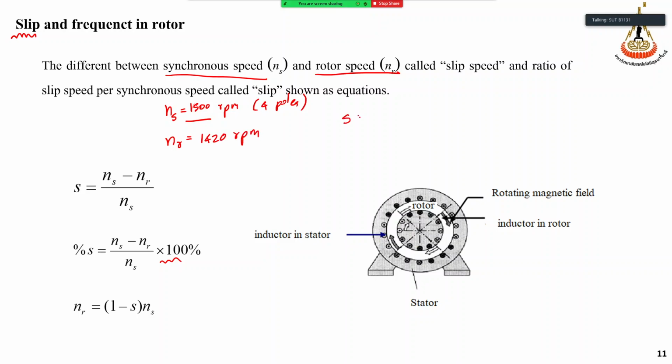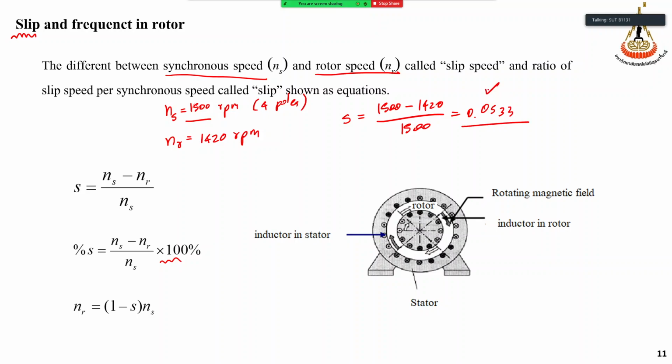So the slip would be 1500 minus 1420 divided by 1500, which is equal to how much? 0.053.